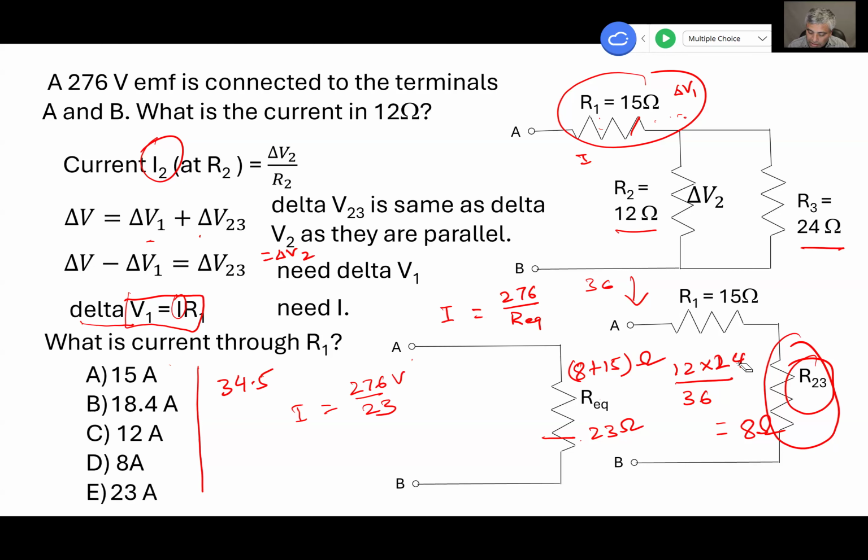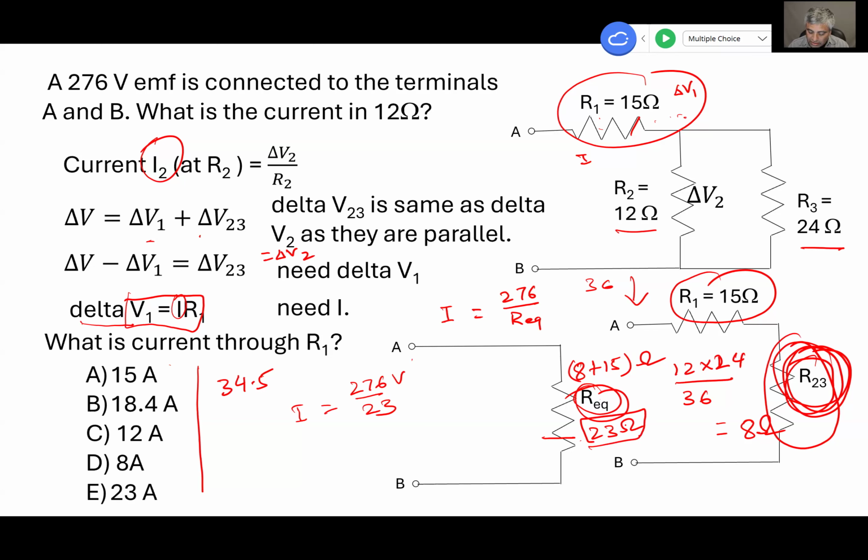So over here, what I did was I kind of went from here to here and said, okay, that was it. But that wasn't 8. Rather, R23 was 8. Okay. So my bad there. And to find R equivalent, we need to add this R1 and R23. And that gives us 23.